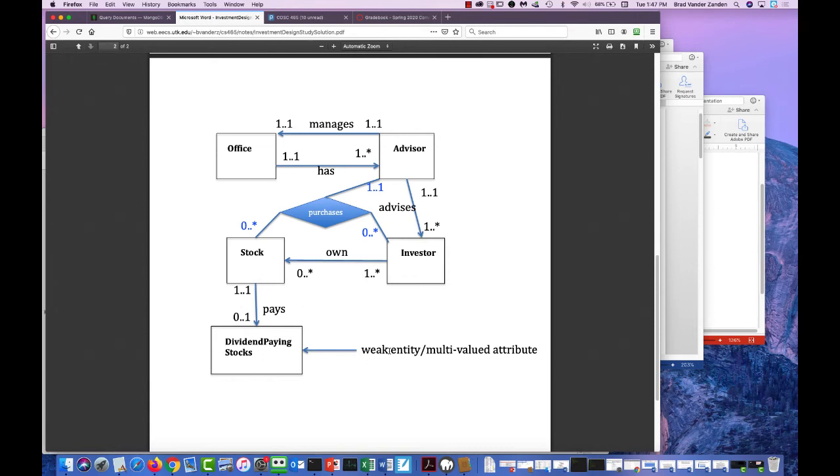We call this a weak entity because in some sense it depends on the existence of the stock, but actually I'd probably call this a subtype entity. Okay? So I'm going to also get rid of weak entity. I'm going to call it a subtype entity. Questions about any of this? I know it is a lot to take in.